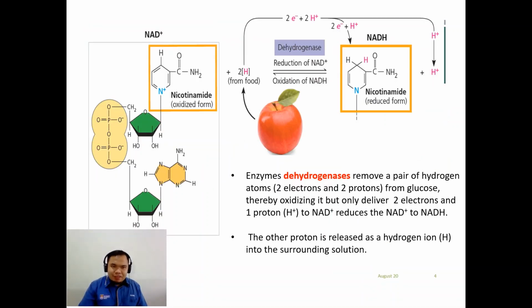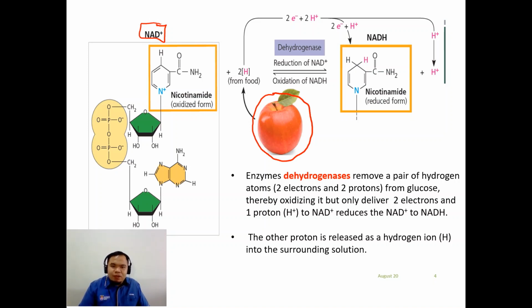So let's see how NAD plus is used in this redox reaction. Let's say we have an apple. This apple is the source of glucose. This is the electron carrier NAD plus, which is a coenzyme. The apple provides electrons and protons.